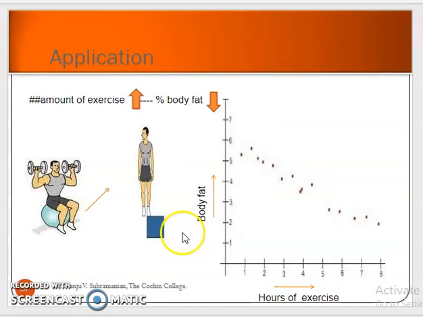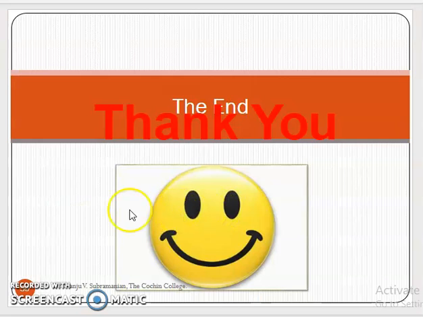Then about exercise: as the amount of exercise increases, the percentage of fat in the body decreases, isn't it? As one increases, the other decreases. By this we end the topic called correlation. You have to study what correlation is, then the types of correlation, then the graphical method, the scatter plot method.